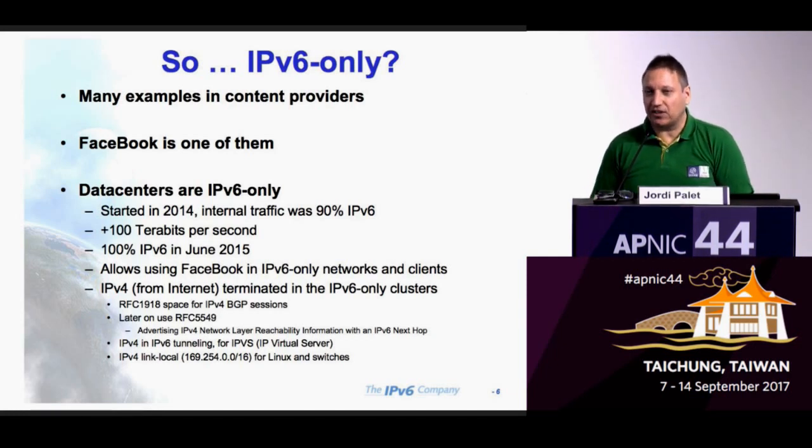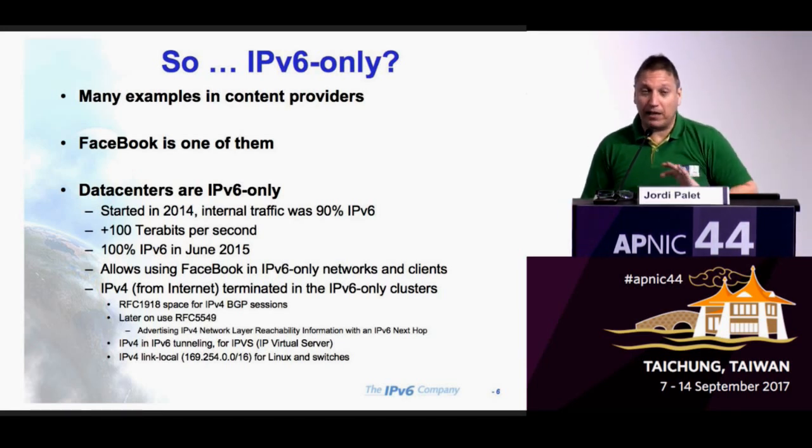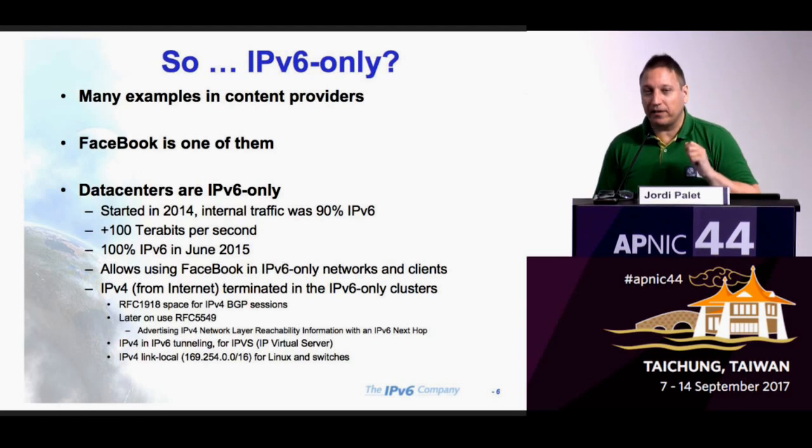But inside the data centers, all the traffic is IPv6 only, okay? So this way, they support V4 and V6 users, but have IPv6 only traffic inside their data centers. That's the way. And many content providers are going the same path, okay?